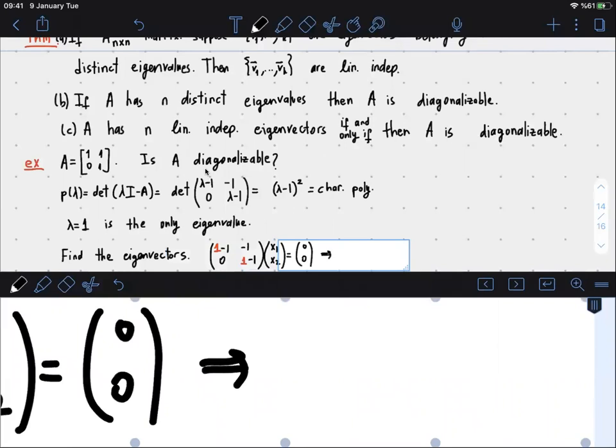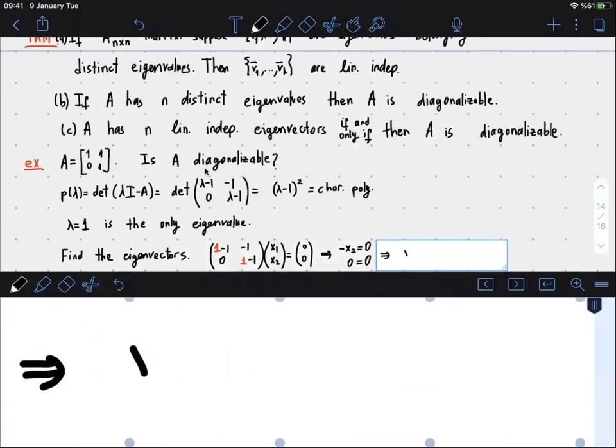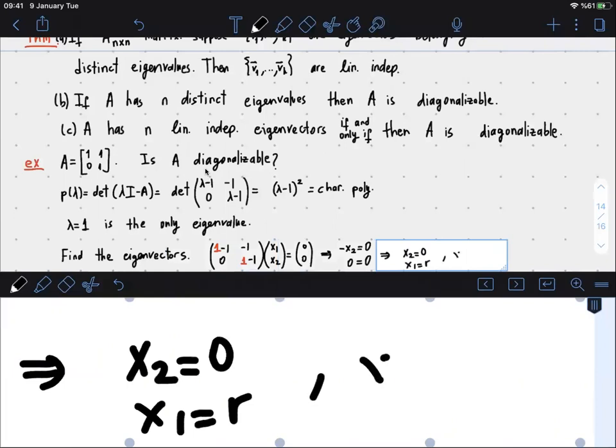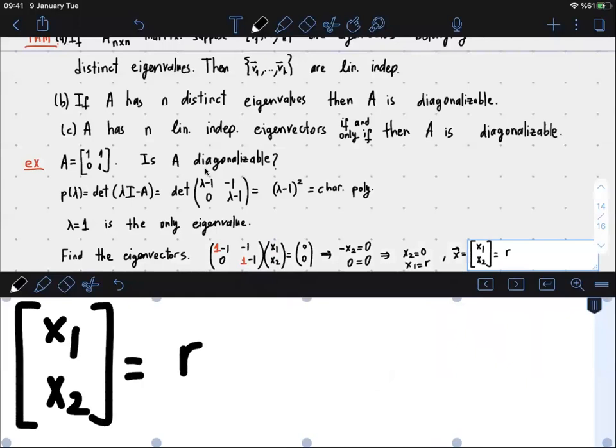So what does it give me? The first equation gives me minus x2 equals 0, and the second line gives me 0 equals 0. So this only gives me one relation, which is x2 equals 0, but x1 can be anything. So the eigenvectors are of the form (x1, x2) = r times (1, 0).